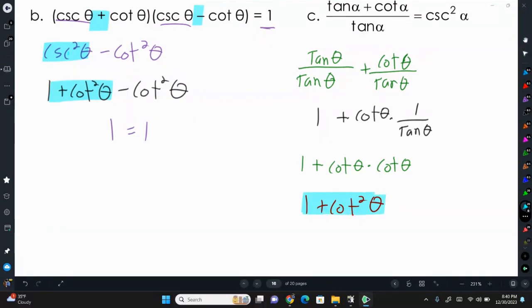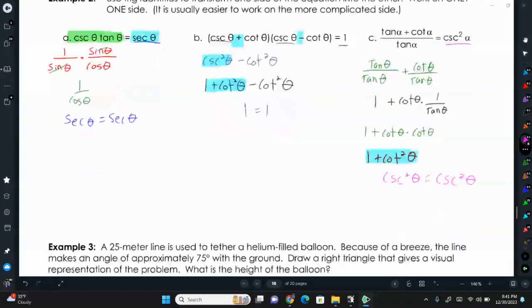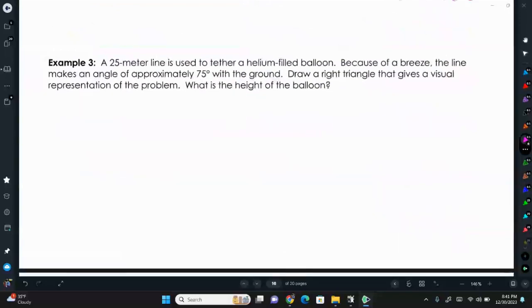So this right here is equal to cosecant squared theta, which is what we wanted to have from the beginning. So there are multiple ways you could do these problems. A strategy would be to multiply things out, break up any fractions, and try to cancel things off as you can.